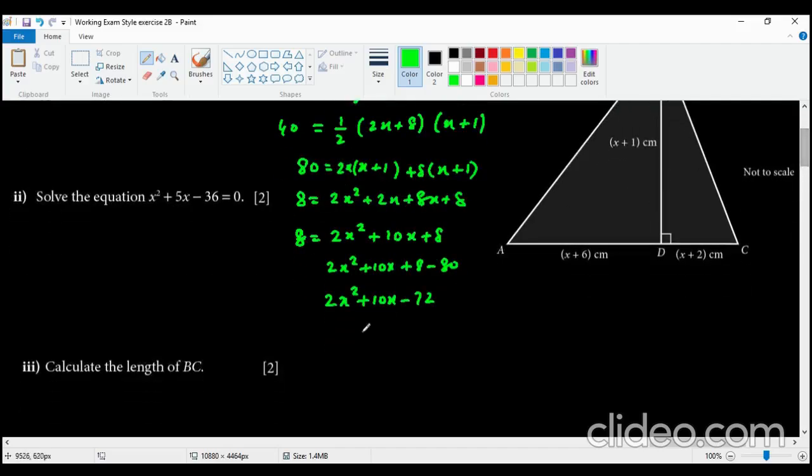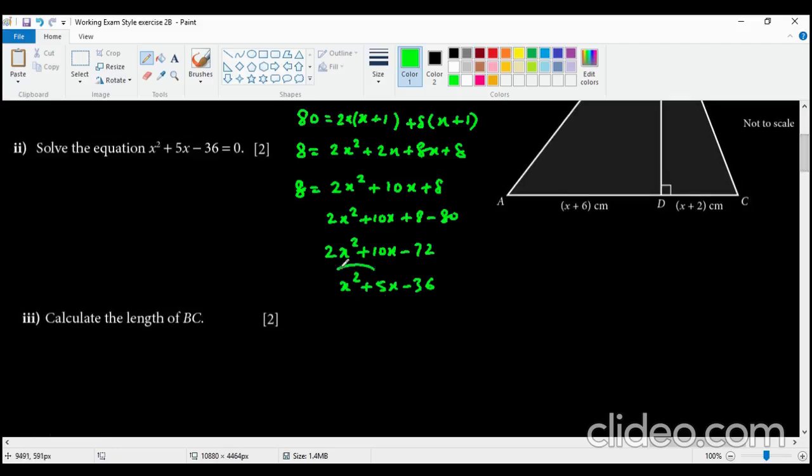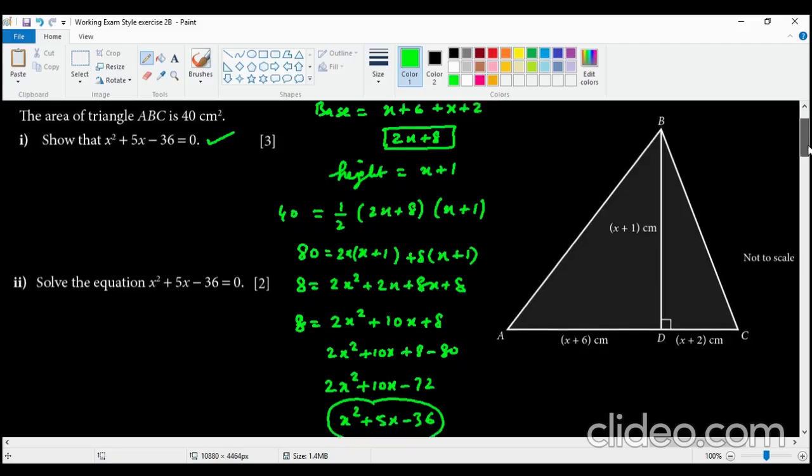When dividing the whole thing by 2, it's going to give us x square plus 5x minus 36, which is the required one. As you can see, we have found it out. So we have proved that the area of the triangle is this much. You get 3 marks for working this out.